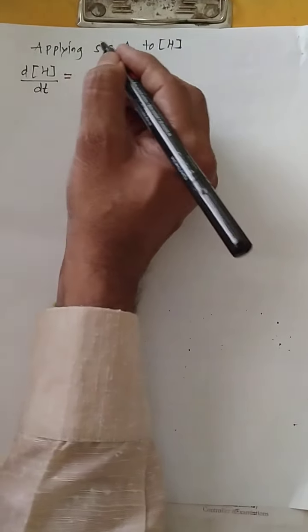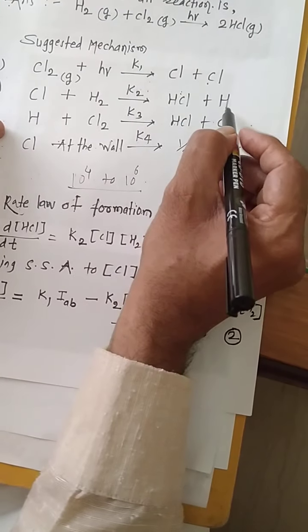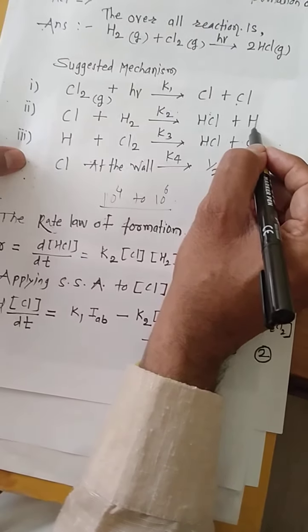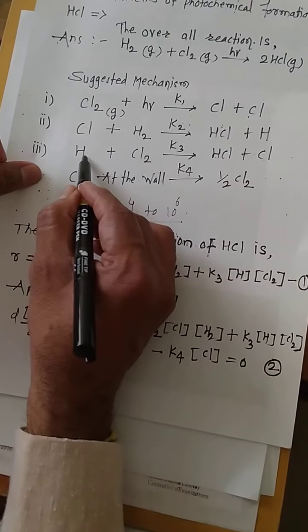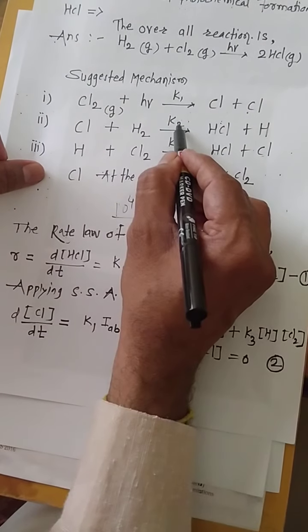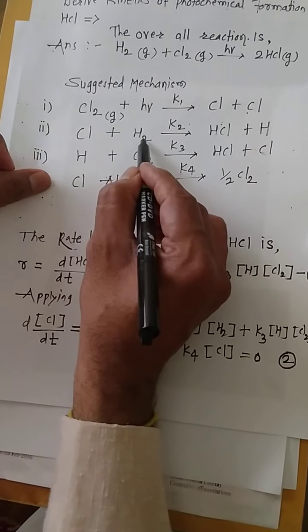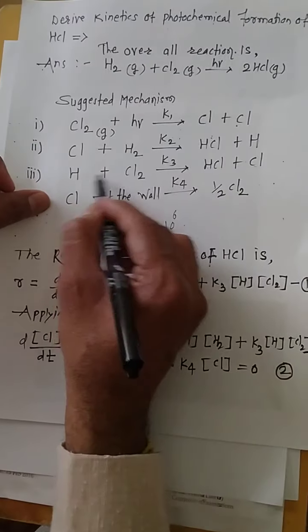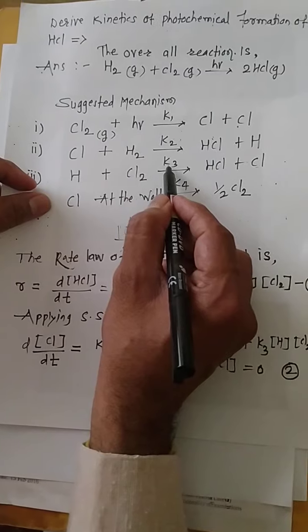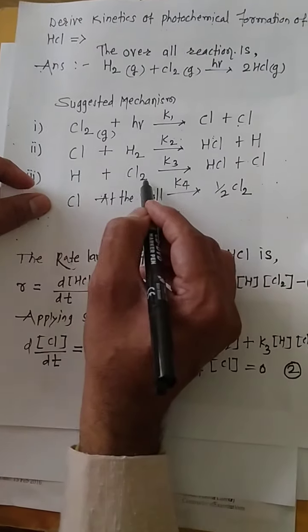From the reaction mechanism here is the formation of H. Then here is consumption: K2 concentration of Cl and concentration of H2. And then here the term is minus K concentration H and concentration of the CO2.